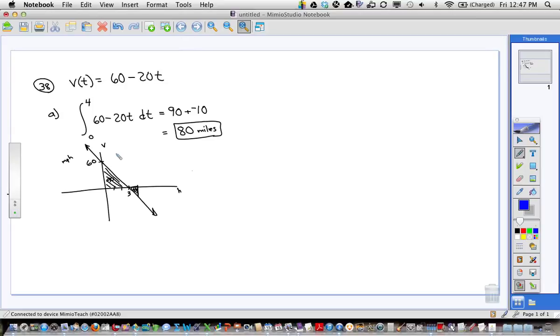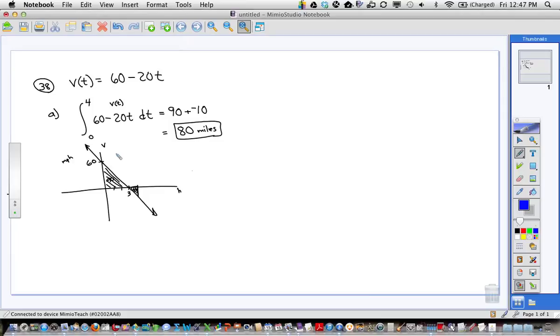So displacement, yeah, we could use that term. Might be net distance traveled, maybe. Net would be a good term to use. Or just he's 80 miles from where he started, right? He's 80 miles from where he started in this case. Went 90, came back 10. So the 80, so this represents that. Now again, this was velocity. This was the area under the velocity curve.